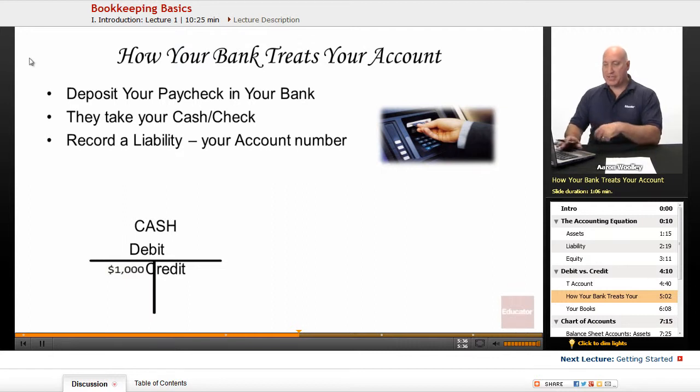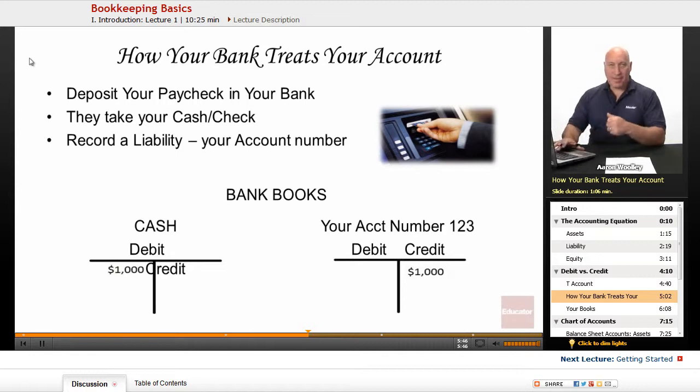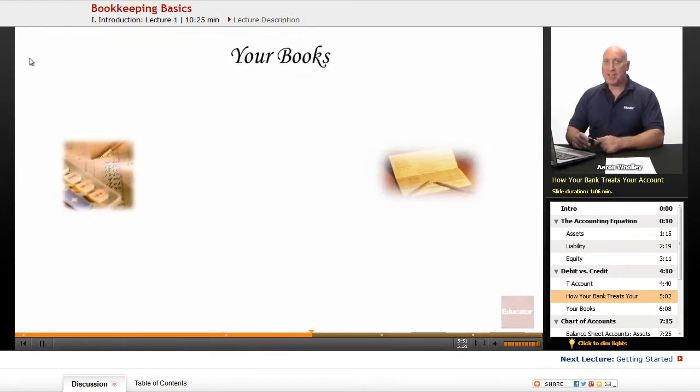So they will debit the $1,000 in their cash and credit $1,000 in their liability to you.